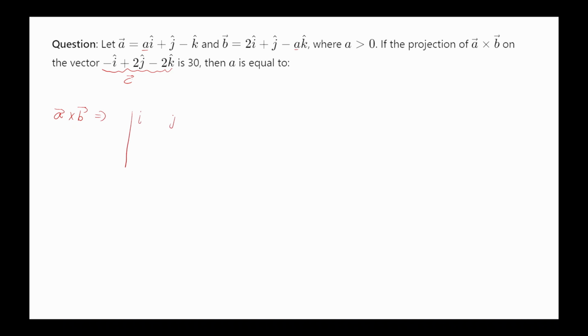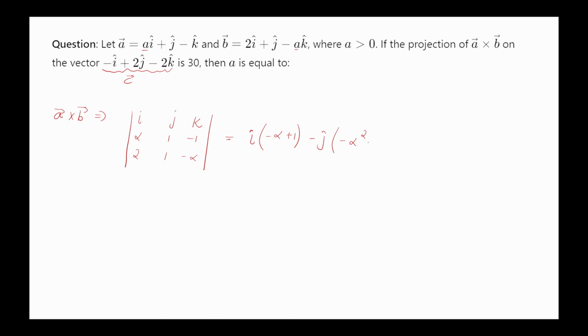Determinant I, J, K. What is my A vector here? Alpha, 1, minus 1; and B vector 2, 1, minus alpha. We had studied this in cross product, so this shouldn't be a new thing for you. Now if I try to find this out, it is going to be I cap into minus alpha plus 1, minus J cap, and what are its coefficients going to be?